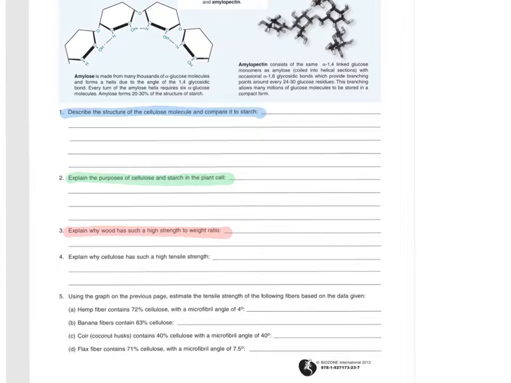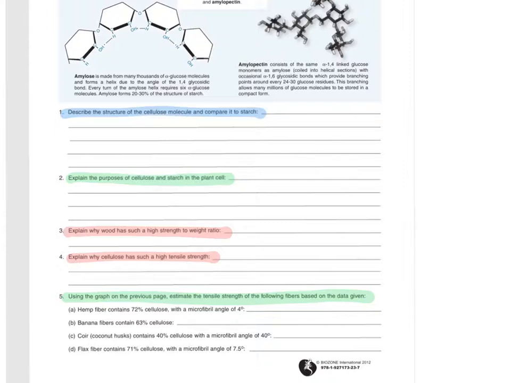Explain why cellulose has a rich tensile strength. Let's again say no. Using the graph in the previous one, you should be able to do this. So do it. But I don't want you to memorize which one has more tensile strength, which one doesn't.